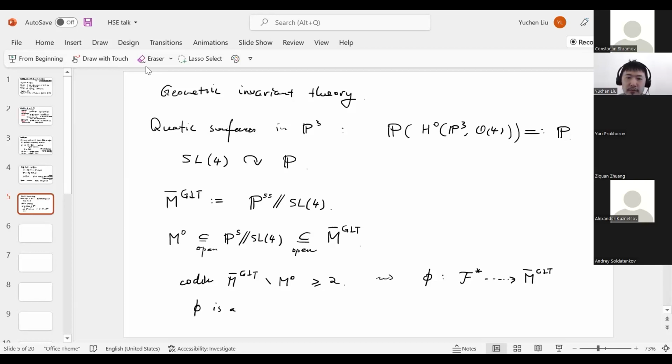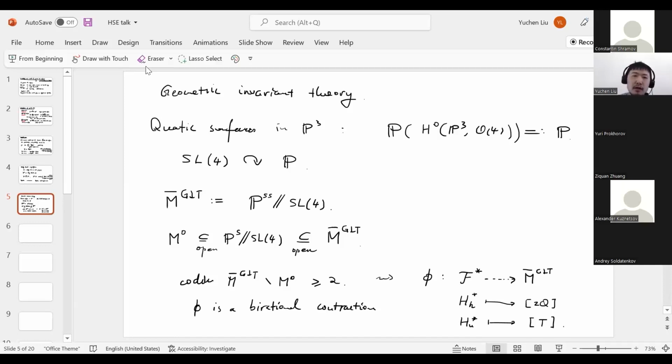So phi is a birational contraction, where, as I mentioned, it sends HH star to the point 2Q, and then sends HU star to this point T. So T is just the tangent developable surface of the twisted cubic. We will talk about it later.